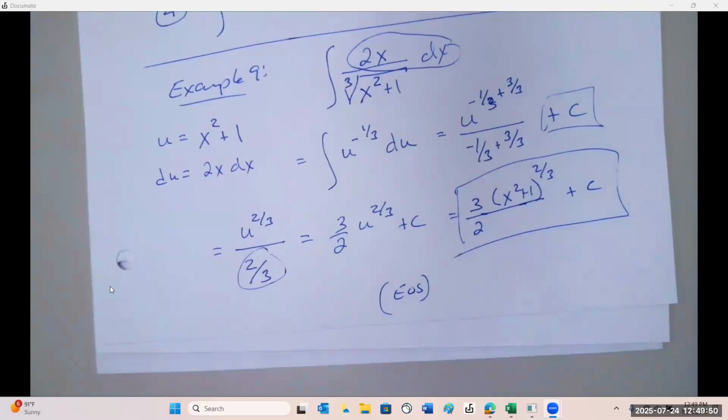You can do the integrals, but if you leave it as the u function in substitution, then you have to change the bounds of integration.